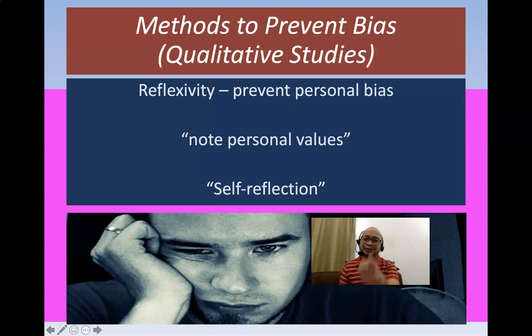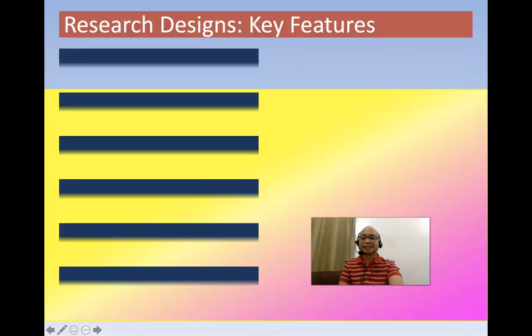Although in qualitative study, researchers are really expected to be subjective, somehow by having self-reflection, we may minimize bias in qualitative studies. But of course, our main discussion in this particular module would be quantitative studies.